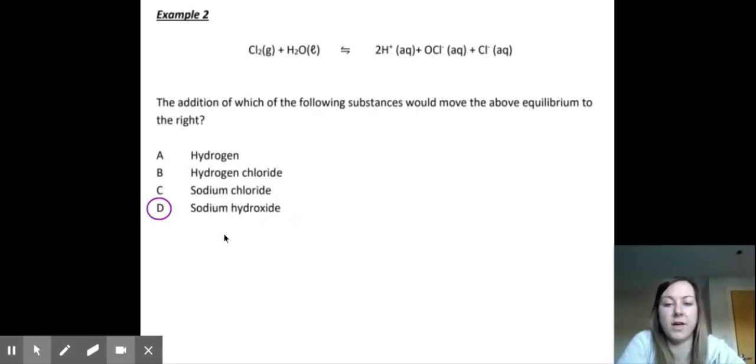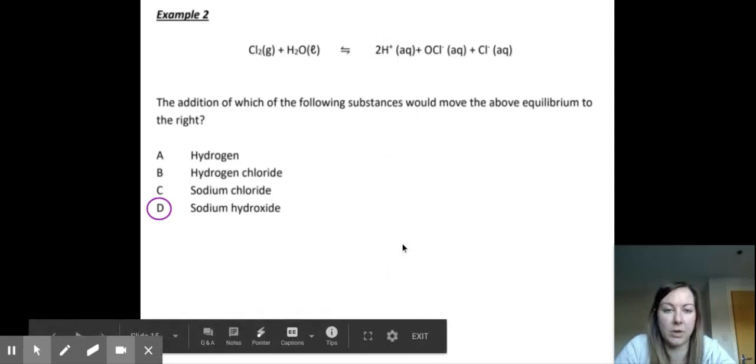So if you have hydroxide ions and you also have hydrogen ions, then they will react with each other to produce water molecules. But what that does is the hydroxide ions pull the hydrogen ions out of that equilibrium.